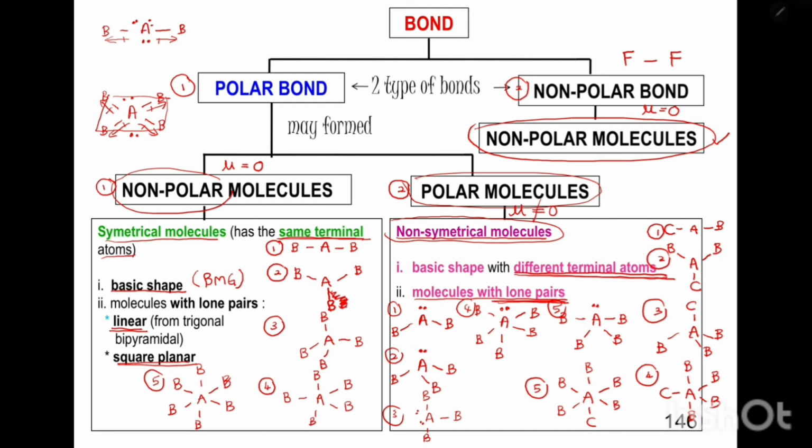So this one is also symmetrical molecule and classified as non-polar molecule. So all the basic molecular geometries and molecular shapes with lone pairs are summarized here, showing how to determine and identify the polarity. You need to understand this and try to memorize.